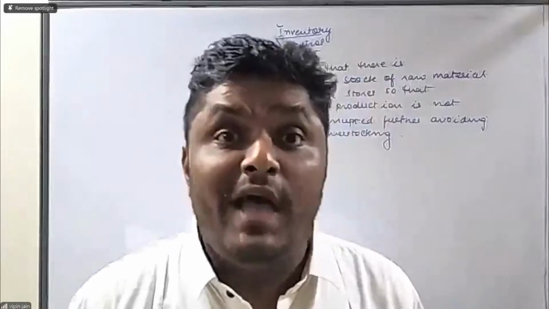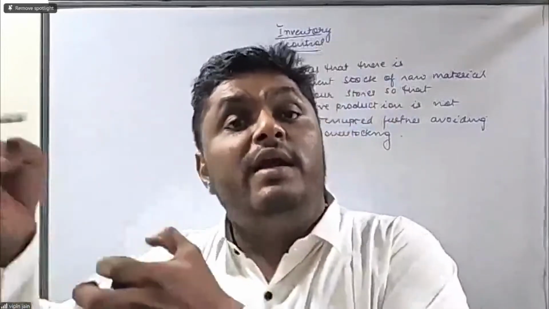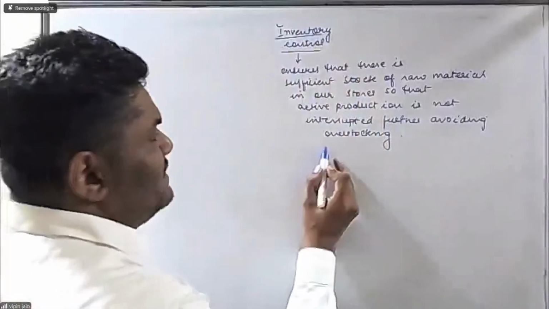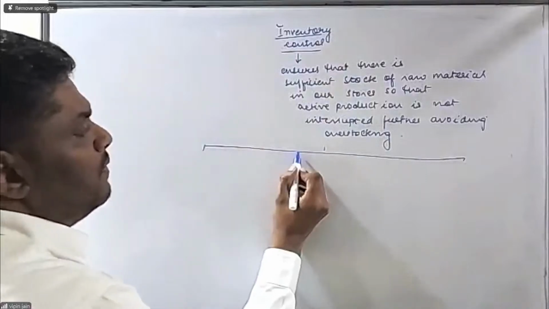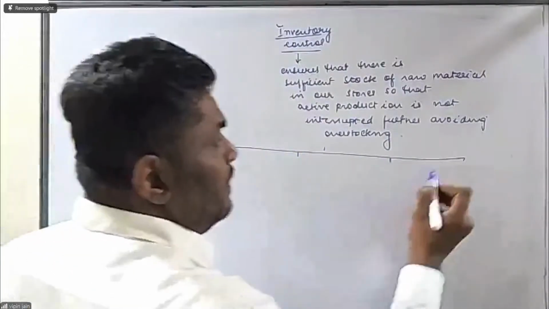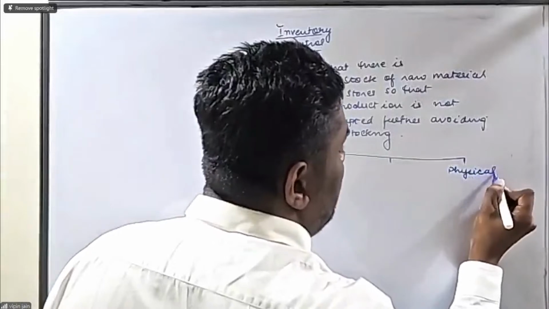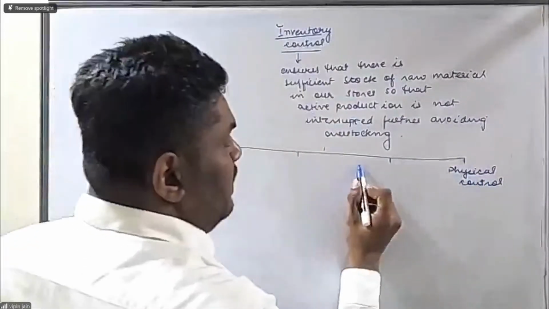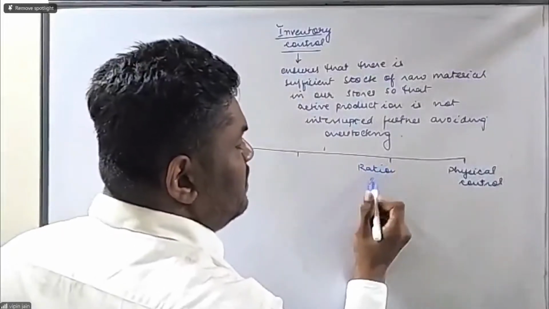Now the point is how to implement inventory control. कैसे inventory control को implement करना? So there are 4 ways. The last one is physical control. Ratio analysis.